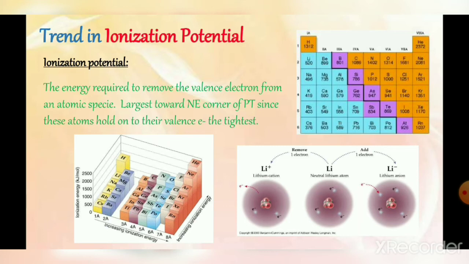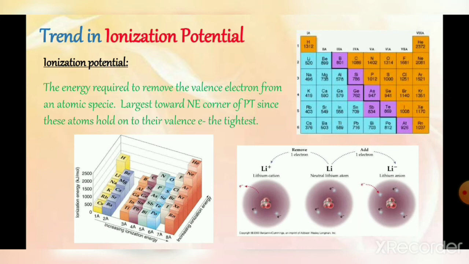Ionization potential is nothing but the energy required to remove a valence electron from an atomic species. As the electron is present nearest to the positive nucleus of an atom, more energy is required to remove such electrons.